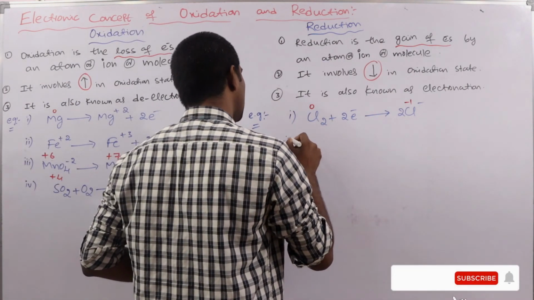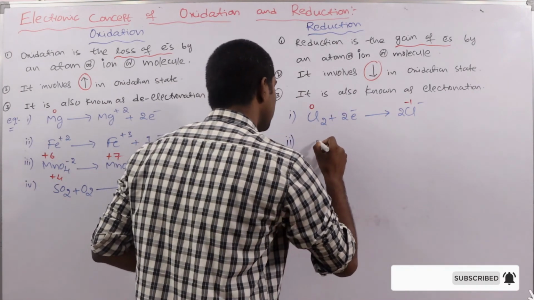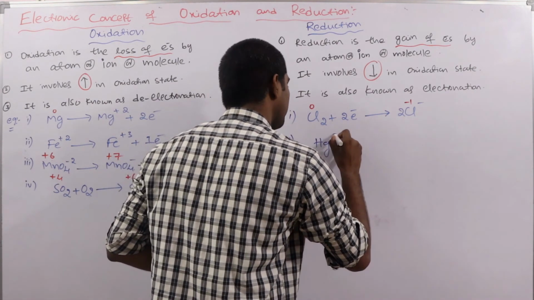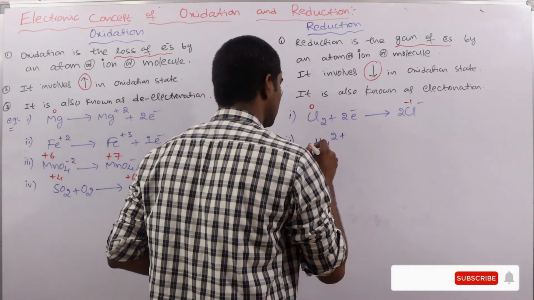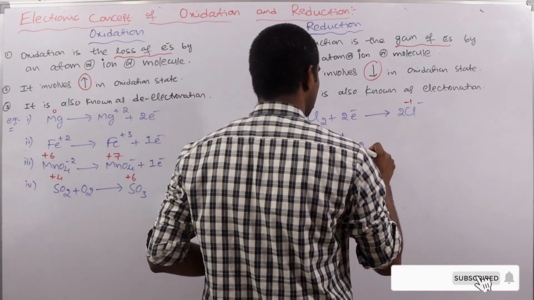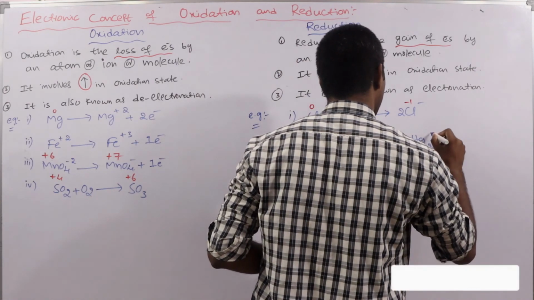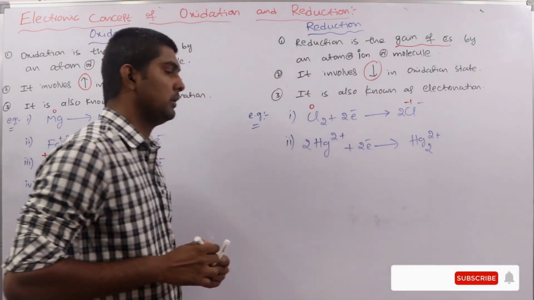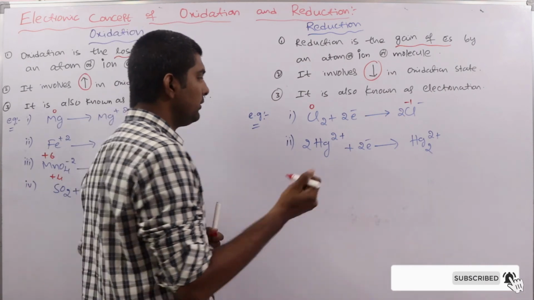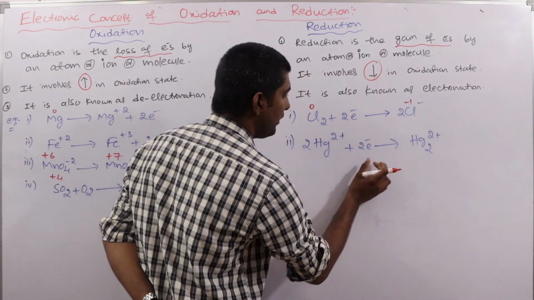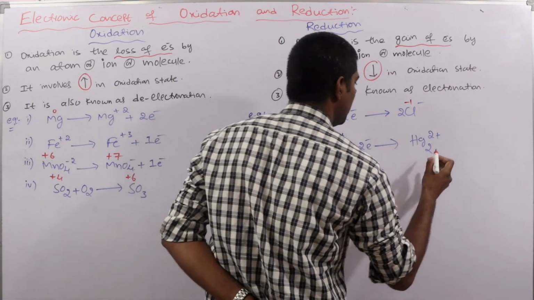We can consider another example also. See here mercury, to the mercuric ion we are adding electrons, so we are getting the mercurous ion.